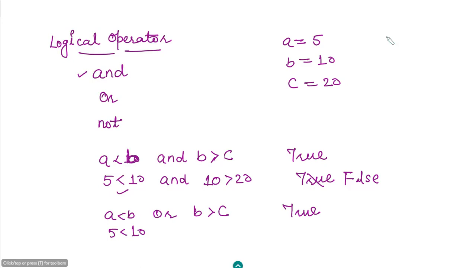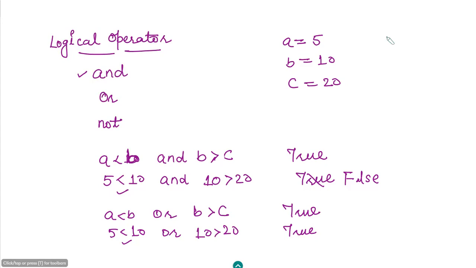So this condition will become true. So it will always return true if either one of the conditions becomes true. B is 10 and greater than 20 is incorrect. But the first condition is true, so it will return true.